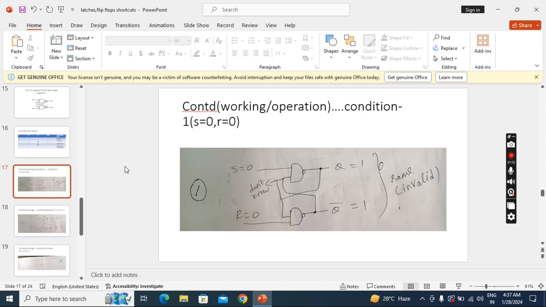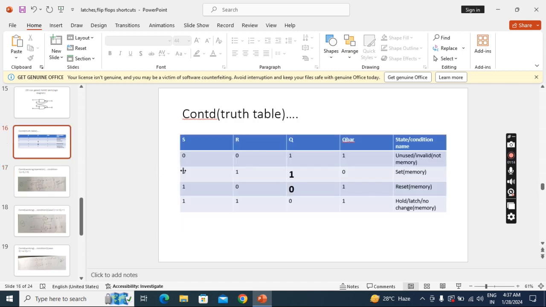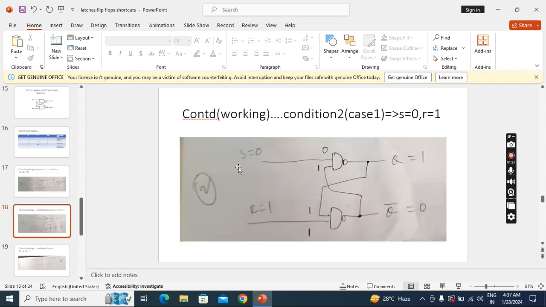Okay. Now we'll see the second condition. What is the second condition? 0 1. See here, 1 1 we got for the first condition. Now 0 1, the second condition, we'll see. S 0, R 1 is the second condition. But in the second condition, I will explain with different cases.